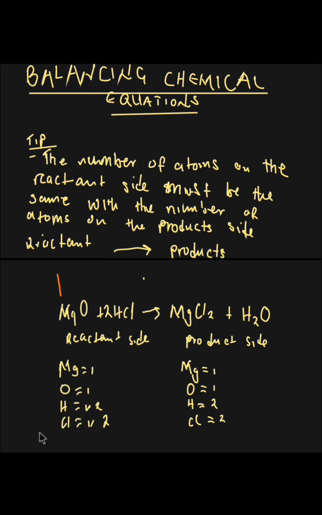So now you can conclude by saying magnesium oxide, when reacted with HCl, will produce magnesium chloride and water. So the equation now is balanced.